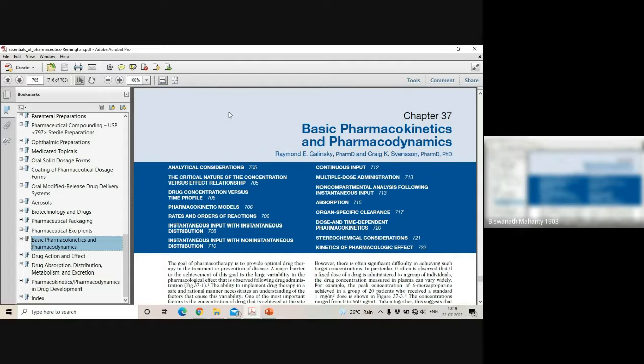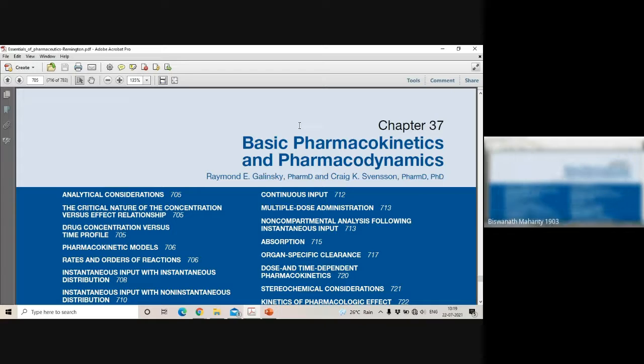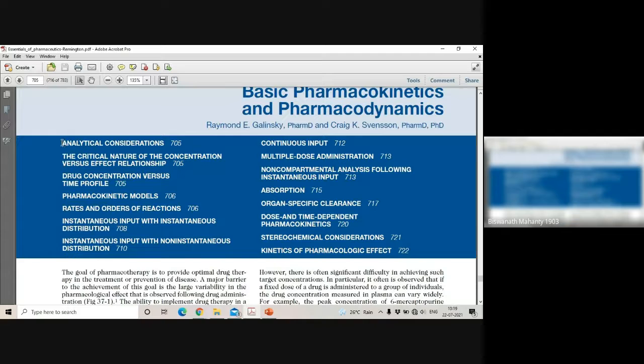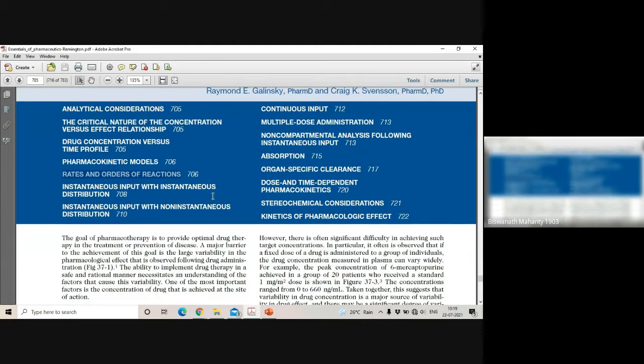Of course, we have some other study material as well, but just for your understanding, these are the things we are going to discuss in this class: how we are going to measure, analytical considerations, drug concentration profile, pharmacokinetic model, rate and order of reactions, and instantaneous input with instantaneous distribution models.